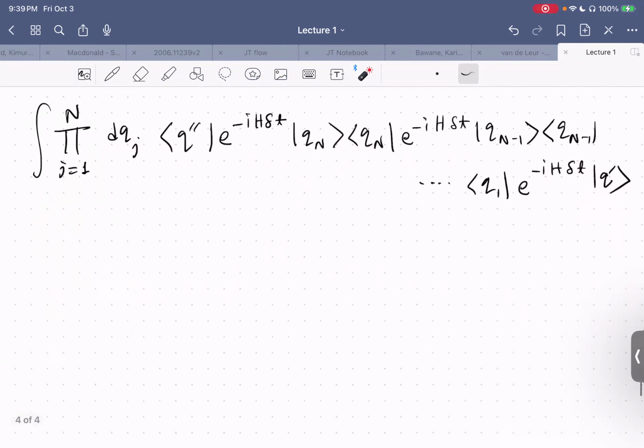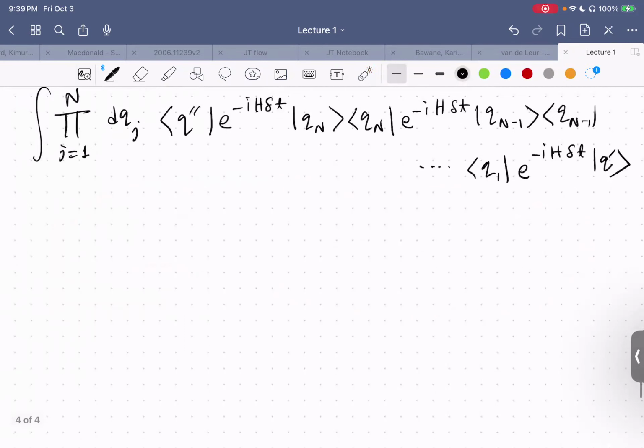So what we have done basically is that suppose this is our time t prime, and this is our time t double prime. So we have divided it up into smaller time intervals, where each interval is delta t. Okay.